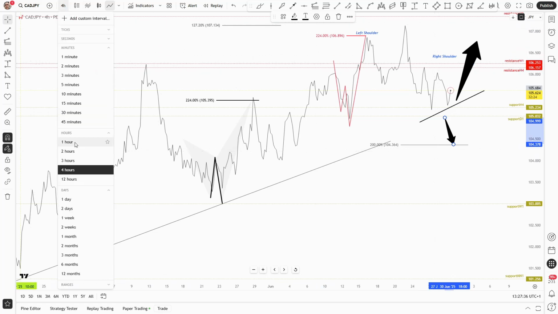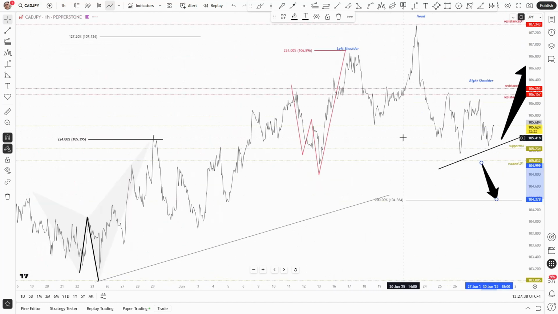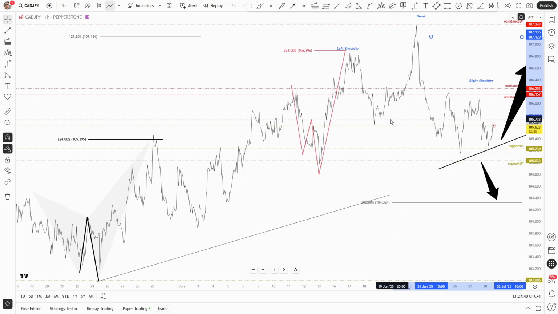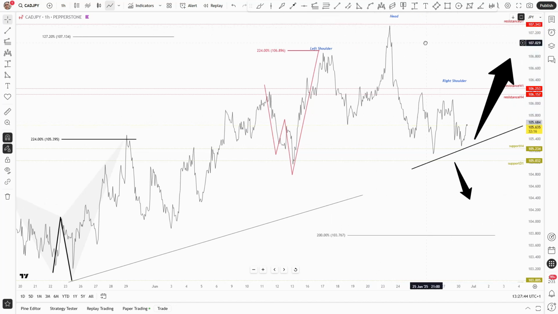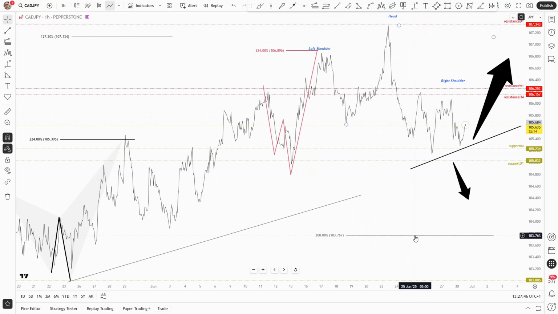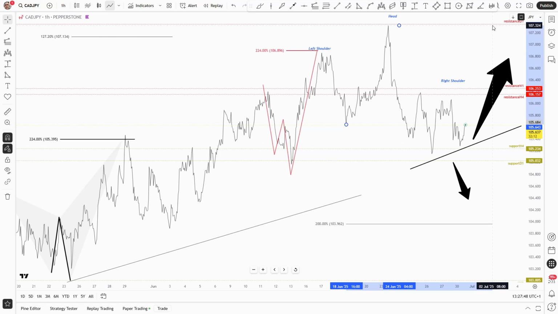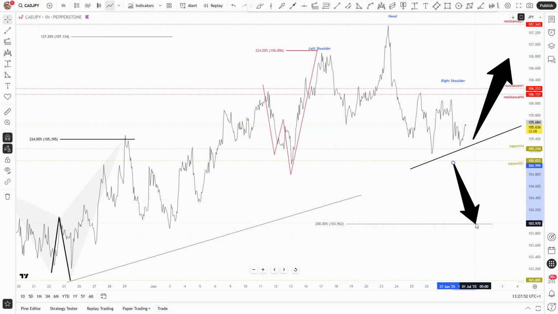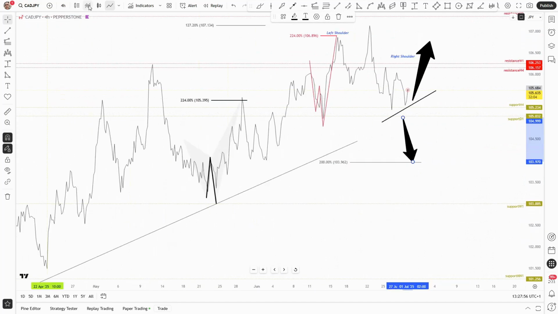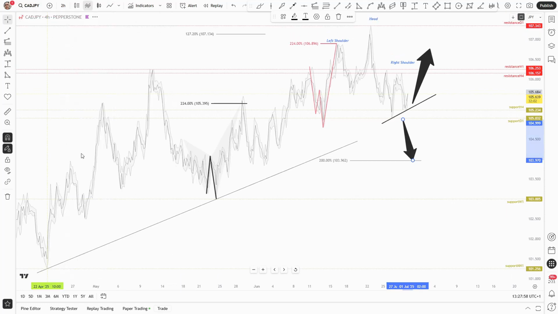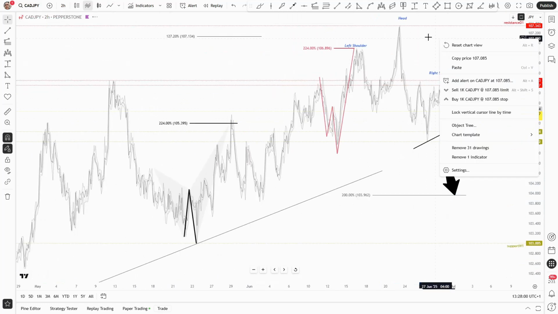Let me go into a 1 hour time frame and adjust these levels again, just to confirm on a lower scale. 103.96, that's the default target for the head and shoulders pattern formation for the Canadian dollar versus the Japanese yen.